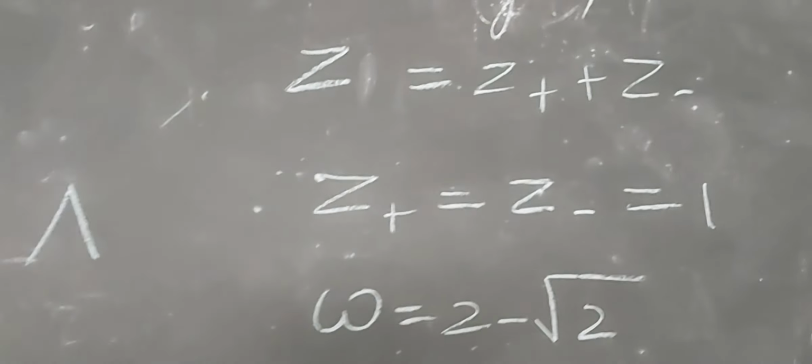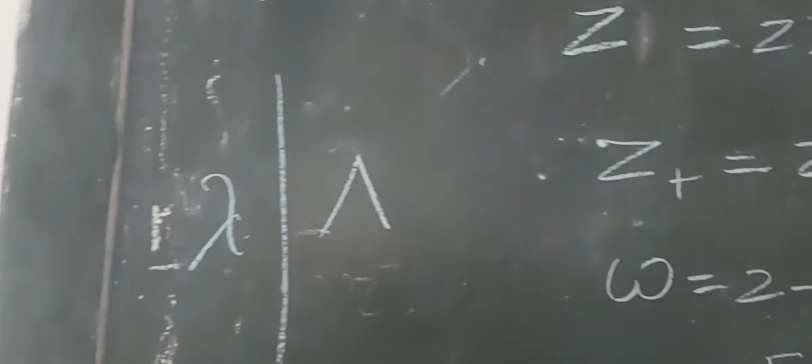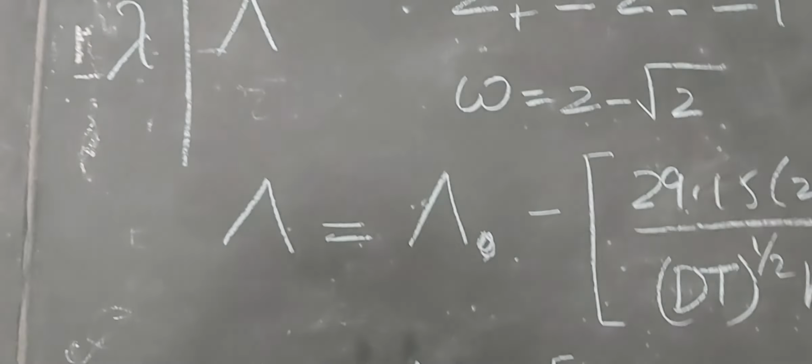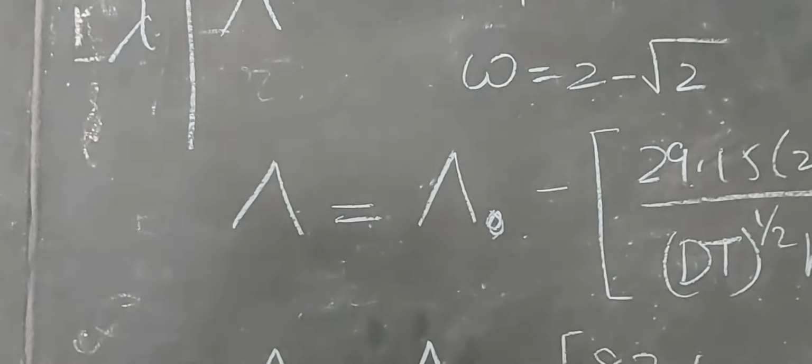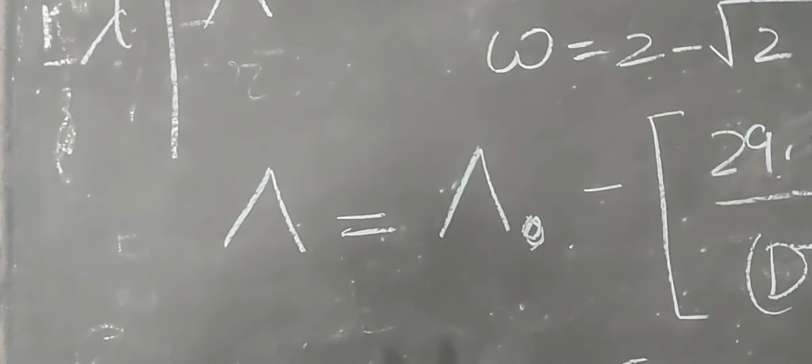At the last we are seeing that lambda equal to lambda naught. The lambda which I wrote before was small lambda. Now this is capital lambda, which in electrochemistry is denoted as conductance. Lambda is conductance and lambda naught is molar conductance.